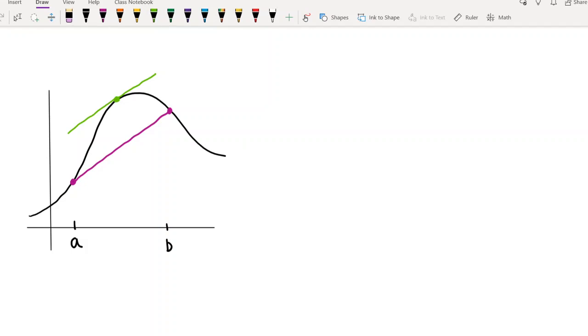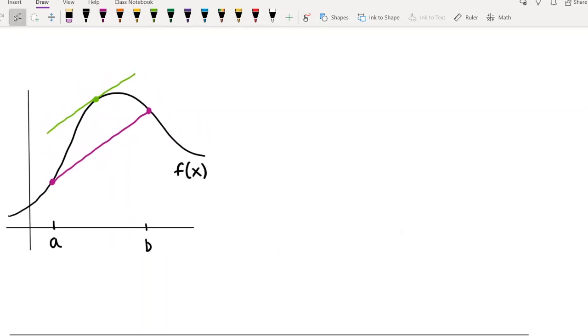So I'm going to write down the mean value theorem. I'm going to write it at first in a way that looks like complicated math symbols, but then we'll also write it down in plain English.